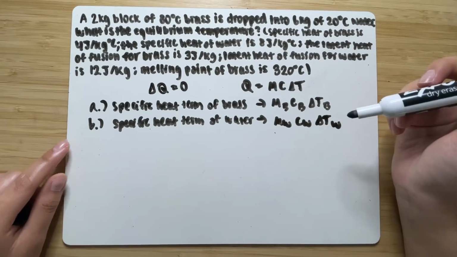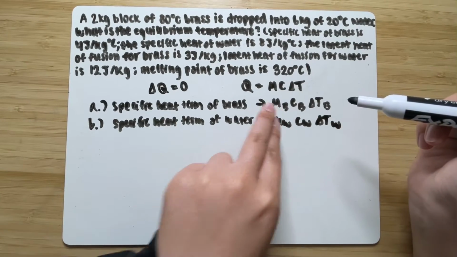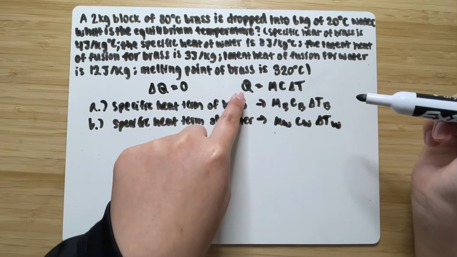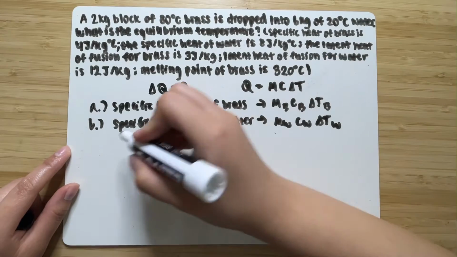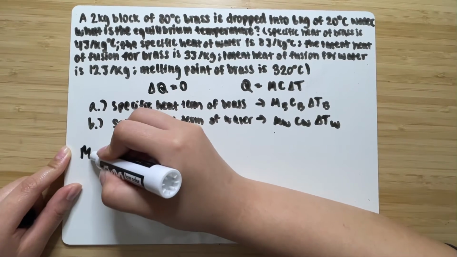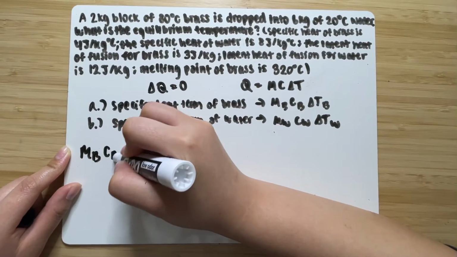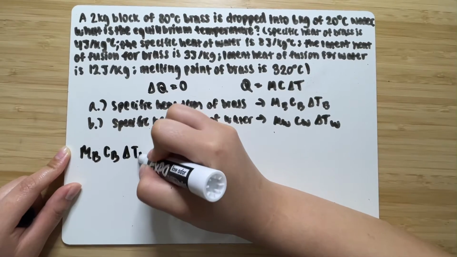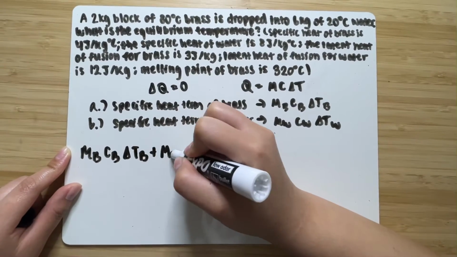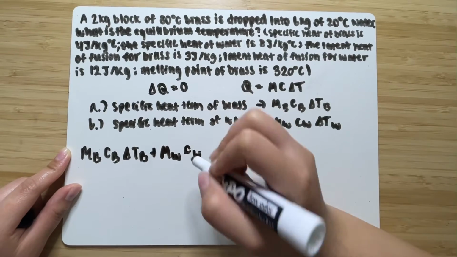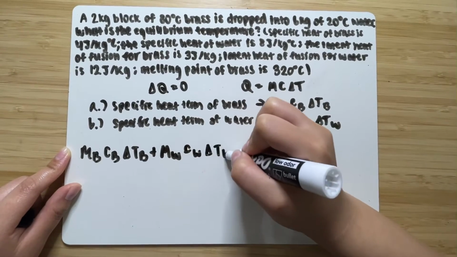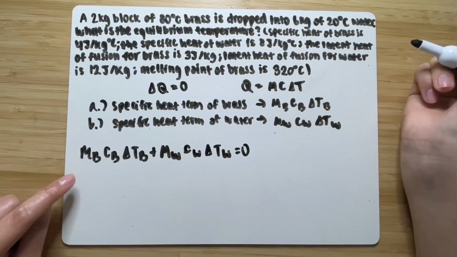Given that Q is equal to this, you add these together and set it to 0. So mass of brass times specific heat of brass times change in temperature of brass plus mass of water times specific heat of water times change in temperature of water equals 0.